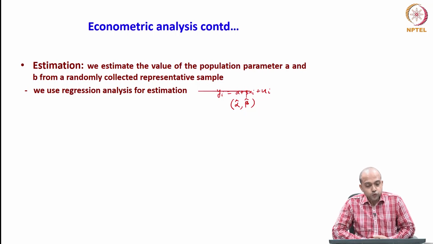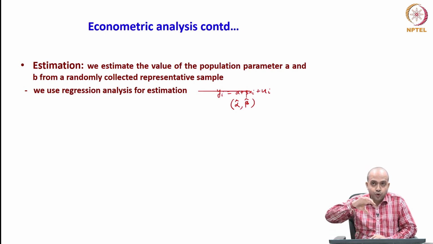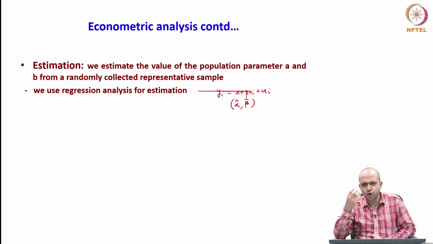And we have to also keep in mind that we are going to estimate this alpha hat and beta hat from a randomly collected representative sample. That means, from a given population, let us say from Chennai, if Chennai is your population, then from that population we can draw a sample of, let us say, 200 individuals.